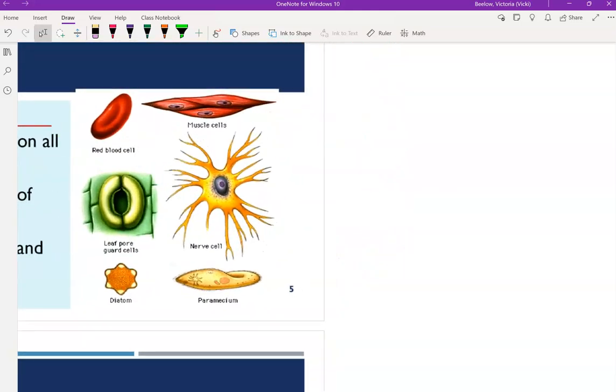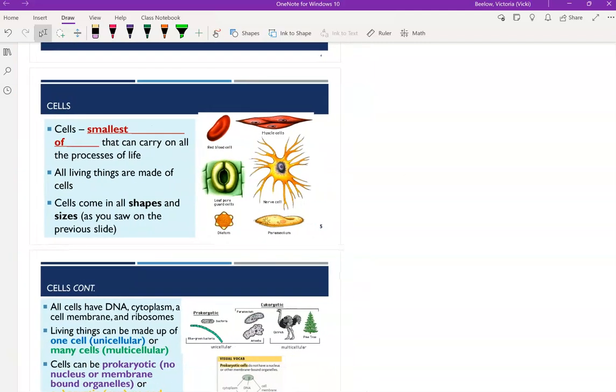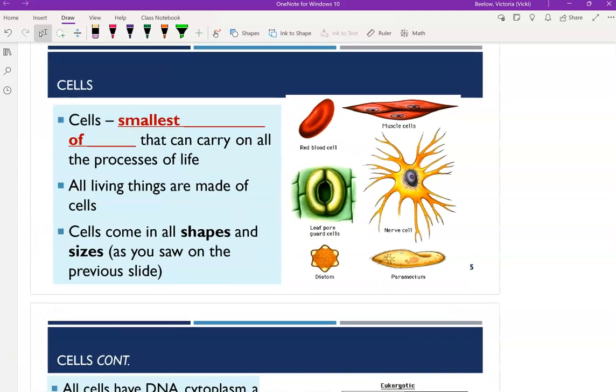So here's some more examples. These aren't real life images. These are diagrams. Again, many different shapes and sizes. And cells, remember, by definition, are the smallest unit of life. They're the smallest thing we can say is alive. They can carry out all the processes of life. So what I mean is metabolism.